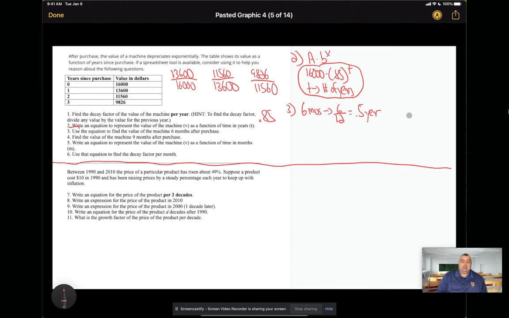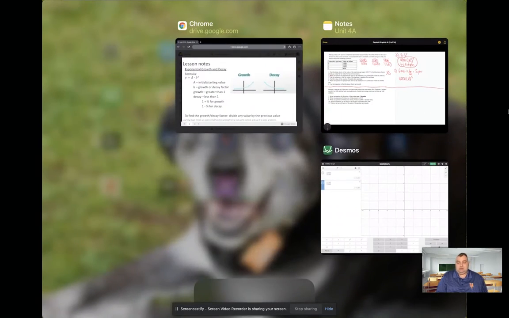So when I plug in for number 3, I'm going to take this equation and I'm going to plug in a half for T. So 16,000 times 0.85 to the power of a half, 0.5. Okay? So let's put that in Desmos.